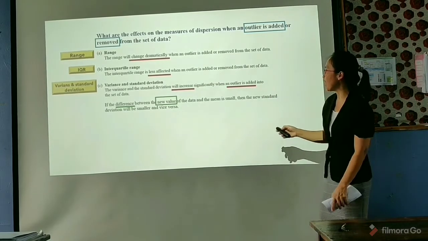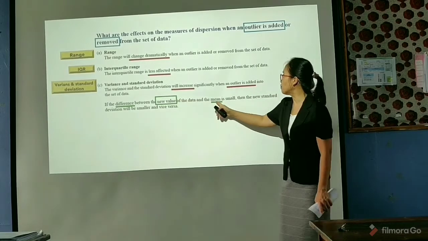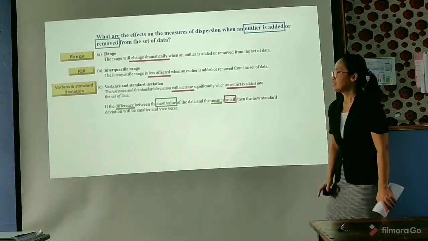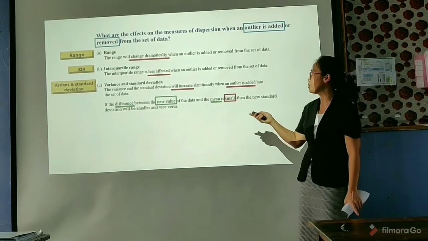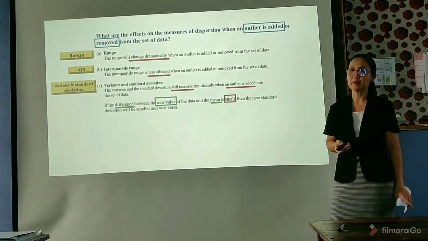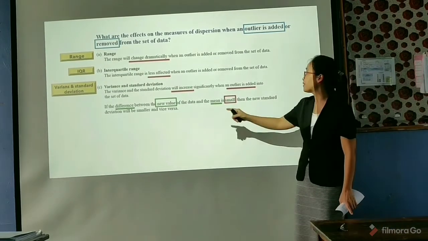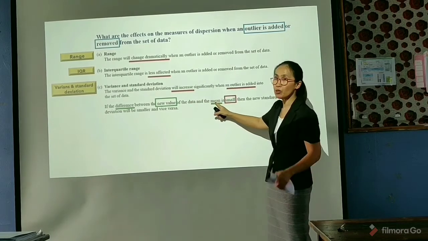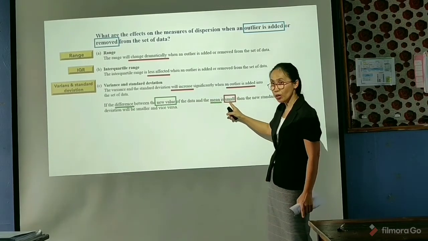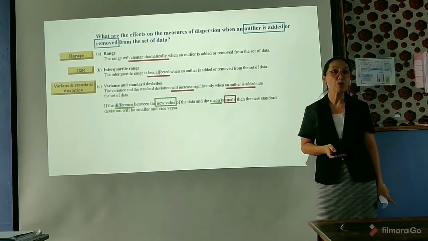And then, you have to check the difference between the new value and the mean. If the difference is small, the new standard deviation will also be smaller. When you put in a number and the difference from the mean that you calculated is small, your standard deviation will also be smaller.